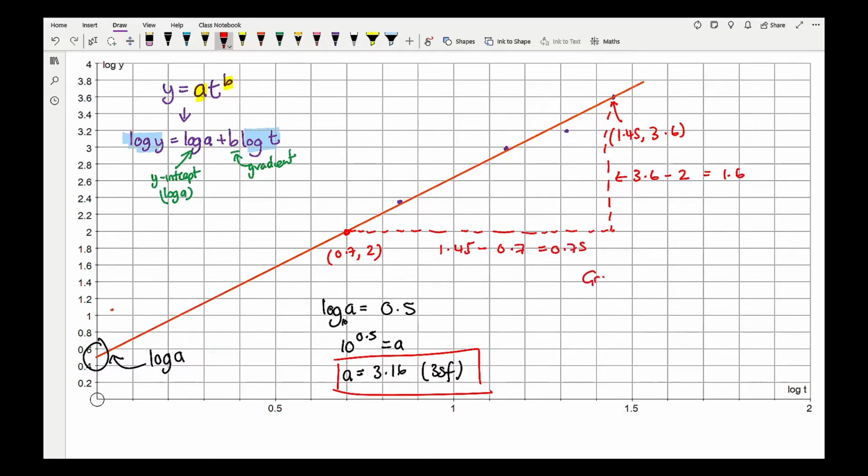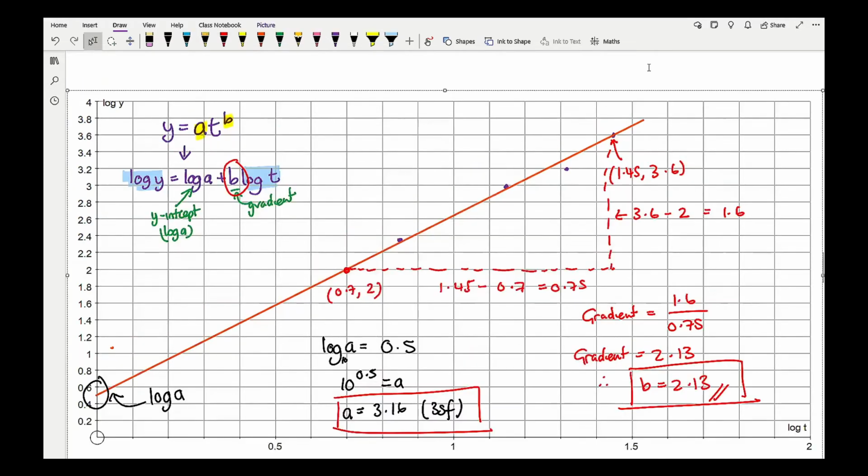So my gradient is equal to 1.6 divided by 0.75, which gives a value of 2.13. So my gradient is equal to 2.13. My gradient in this is b, so therefore b equals 2.13, and there are my values of a and b.